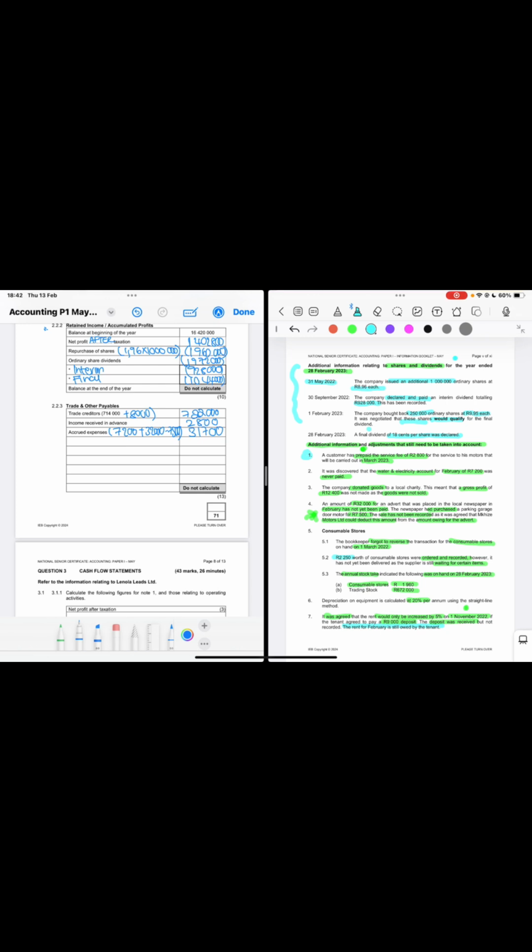So that 1,044,000, that will be called something like shareholders for dividends, and will be part of our payables. 1,044,000.